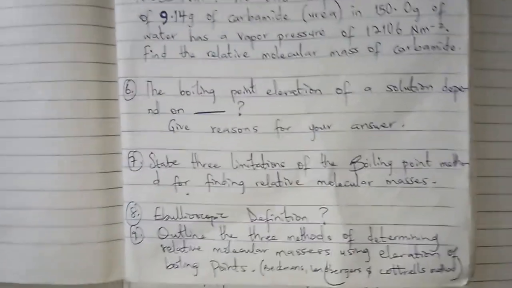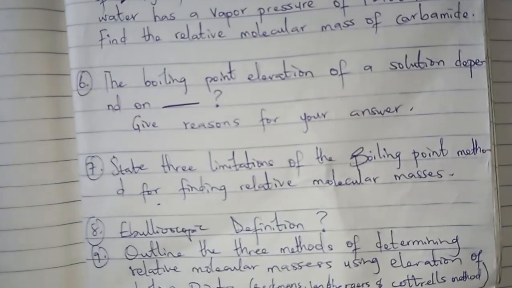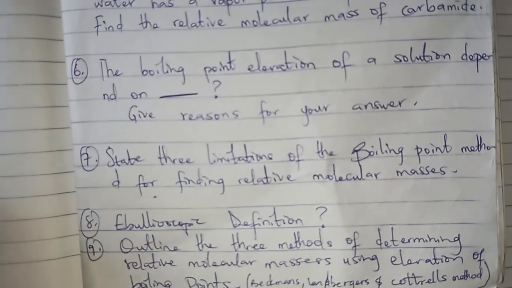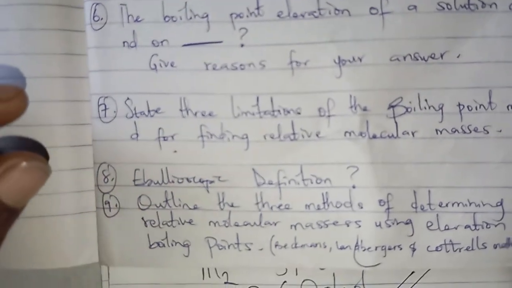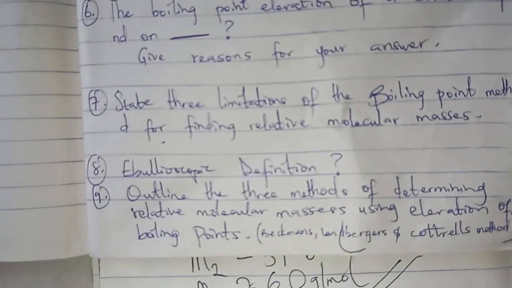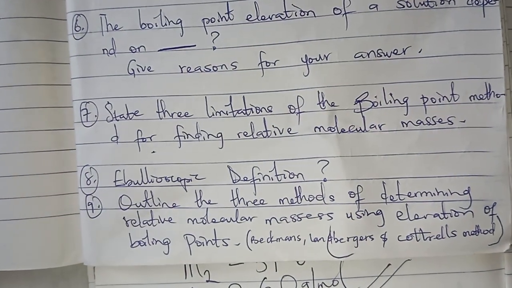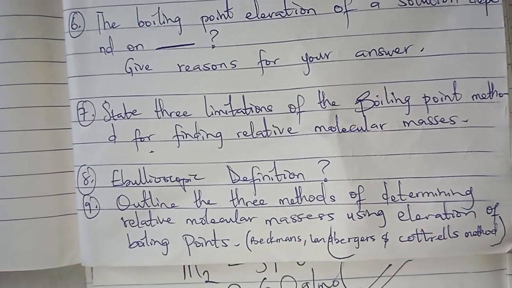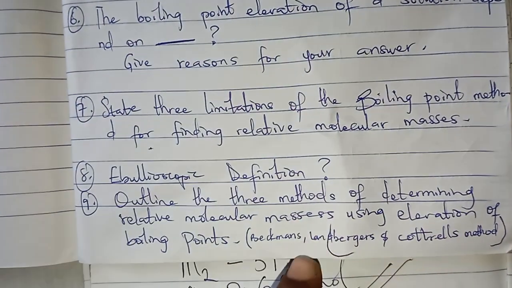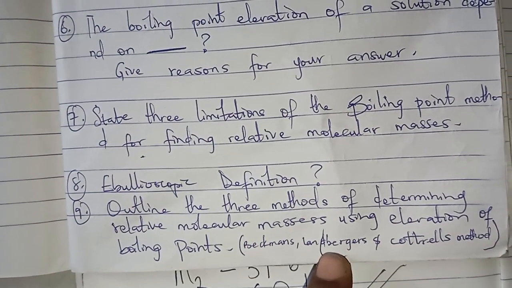It will take more time to get to that boiling point. So the ebullioscopic constant, I've said it before: it is the elevation of boiling point when 1 mole of solute is added to 1000 gram of solvent. Look at Beckmann's, Landsberger's and Cottrell's methods.